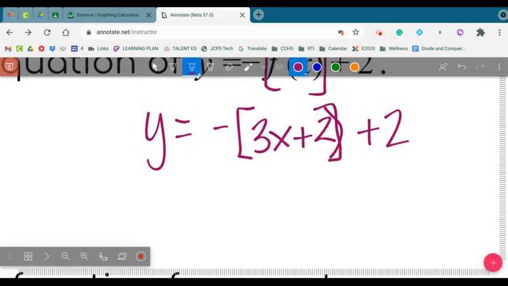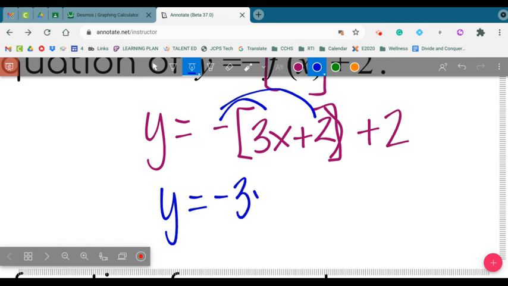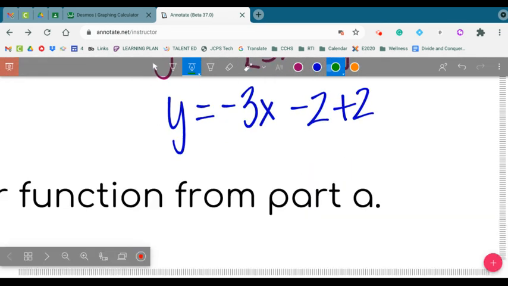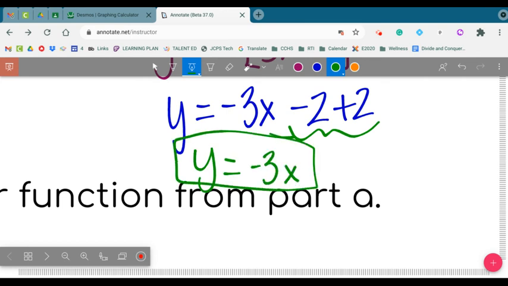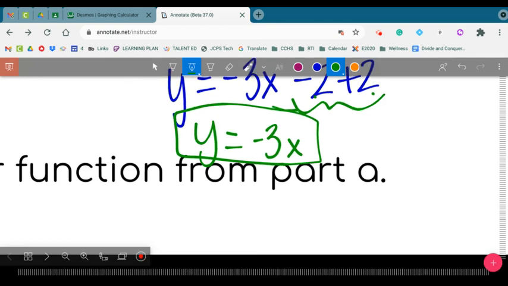Oops, I should have used a bracket. Okay, distribute your negative. So you get y equals -3x minus 2 plus 2. Combine your like terms. So we get y equals -3x. Our y-intercept is going to be 0 on this one since our -2 and 2 canceled out.